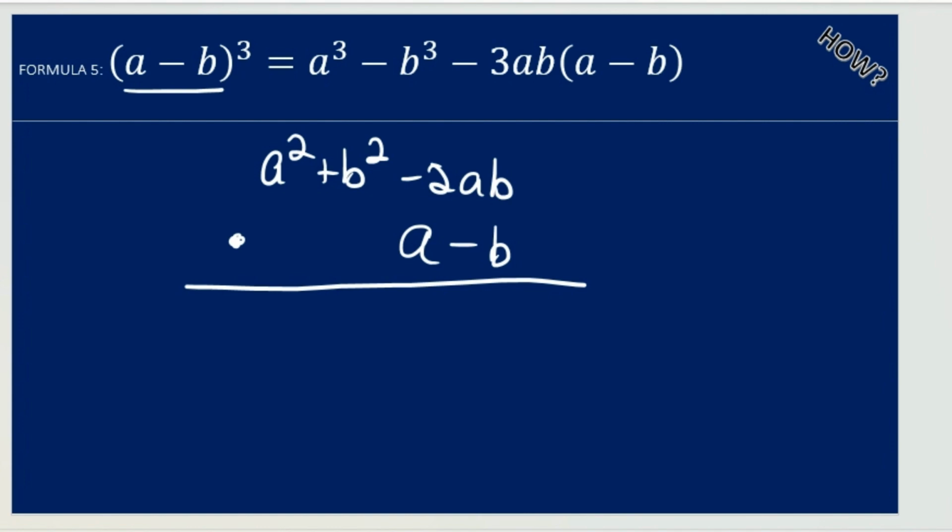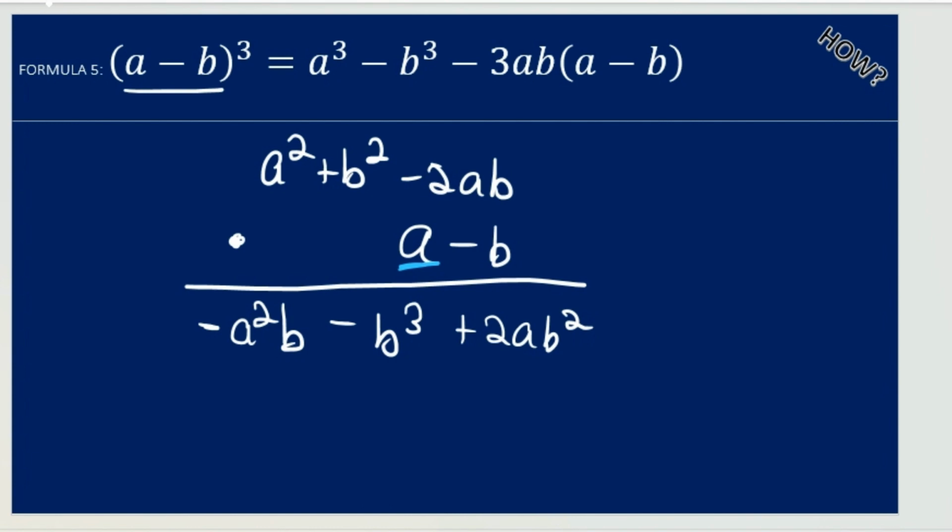Okay. Negative b times negative 2ab is going to be positive 2ab squared. Now negative b times positive b squared is going to be negative b cubed. Negative b times positive a squared is going to be negative a squared b. Okay, now let's move on to multiplying with this a.